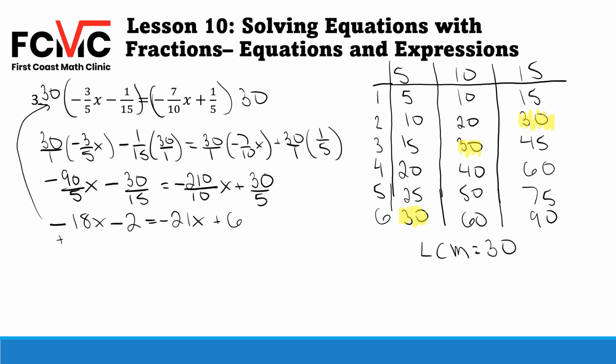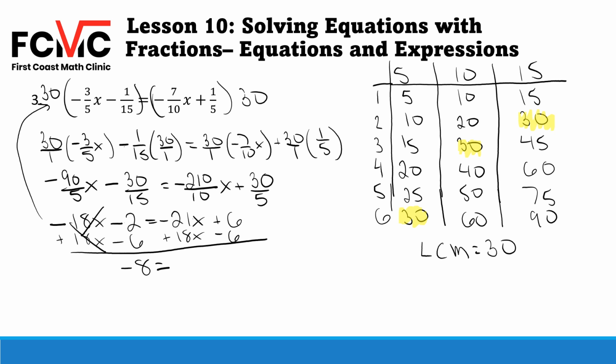So I'm going to start by adding 18x to both sides. The 18x cancels out. And just to save some room, I'm going to subtract 6 from both sides. So negative 2 minus 6 gives me negative 8.